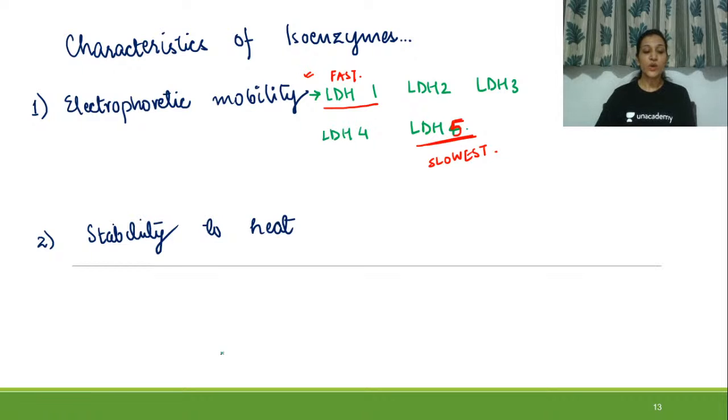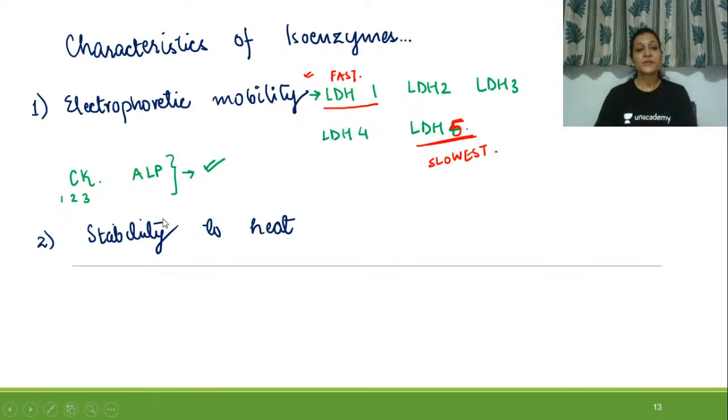Now coming to other enzymes, creatine phosphokinase and alkaline phosphatase. Creatine phosphokinase is of 3 types, and alkaline phosphatase also has many types. They can be separated by electrophoresis.